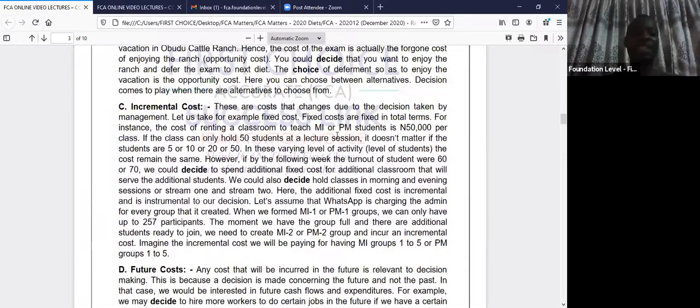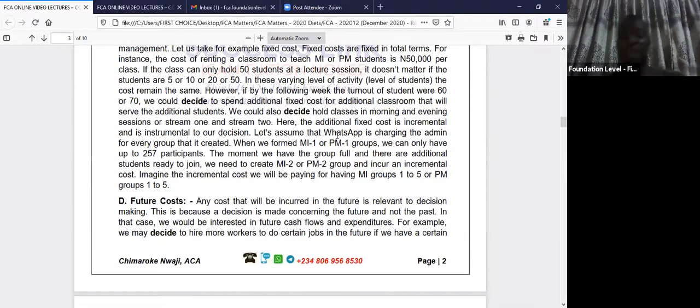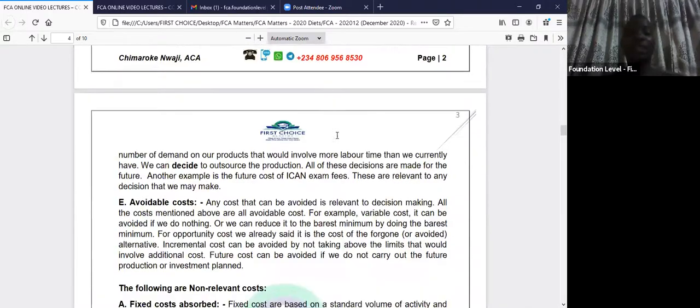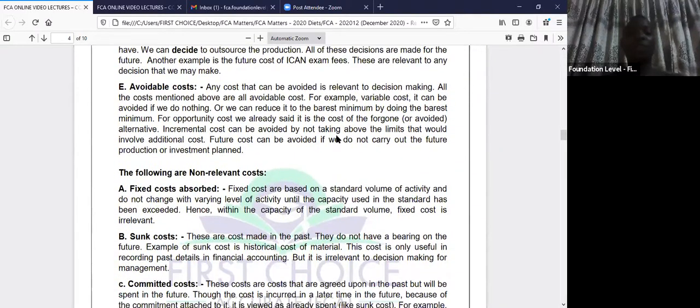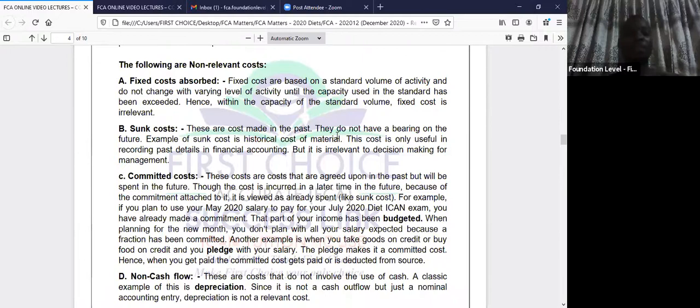All right. Now that we've talked about relevant costs, let's look at these costs that are non-relevant. Now we said fixed cost absorbed. That, of course, is the opposite of variable cost. So when you see fixed cost absorbed, they are irrelevant. Now, why are they irrelevant? Because, like I used the example of Zoom, we've incurred 6,000 naira.